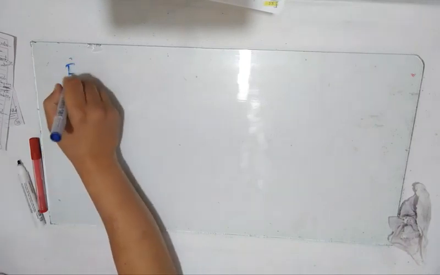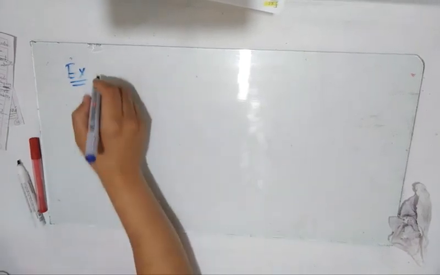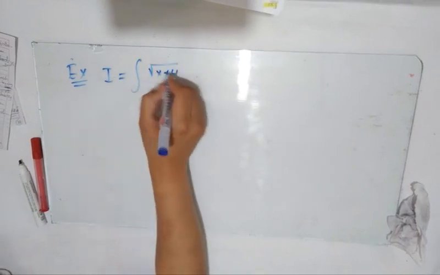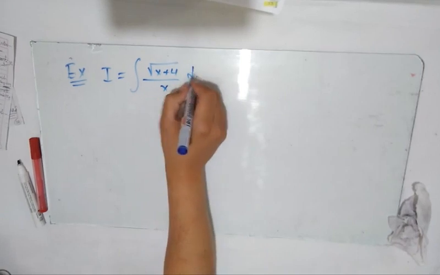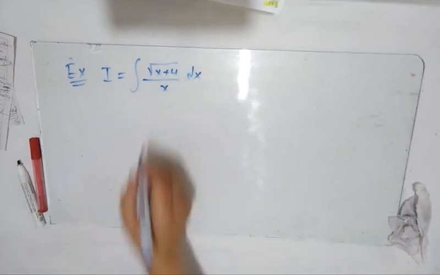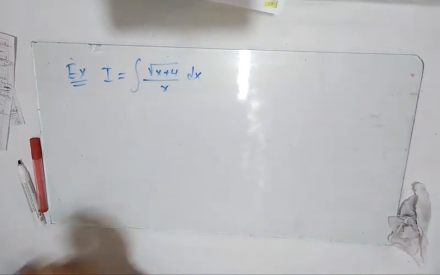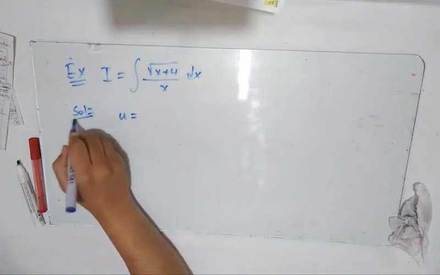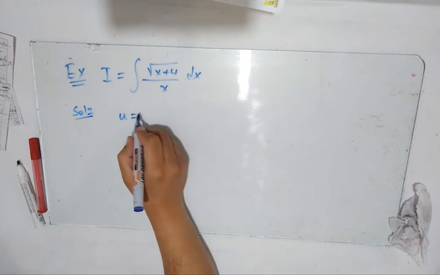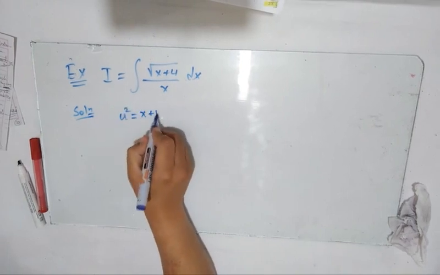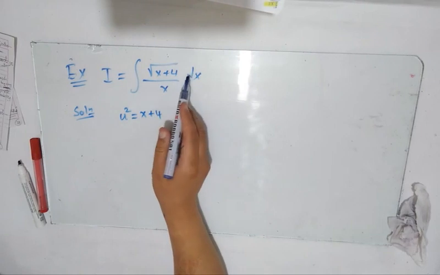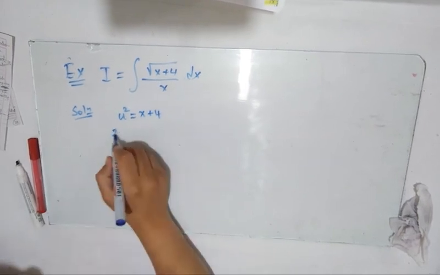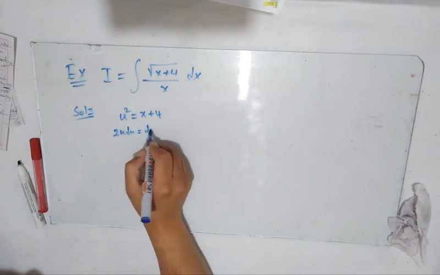Okay, and in this way we saw our last example for today. So, example: if you want to integrate the square root of x plus 4 over x with respect to x. Actually, this is not a rational function. But if you use this substitution, u squared equals x plus 4, which means that u equals the square root of x plus 4, then 2u du equals dx.